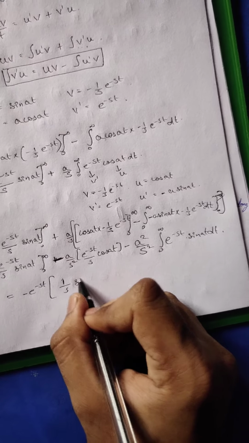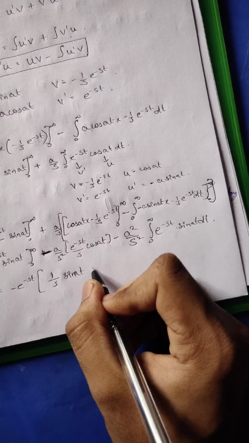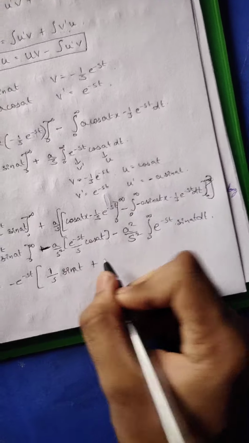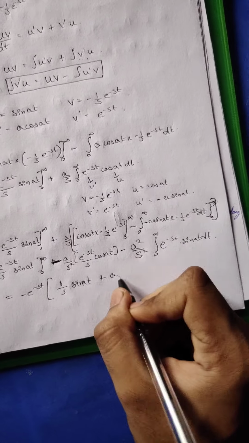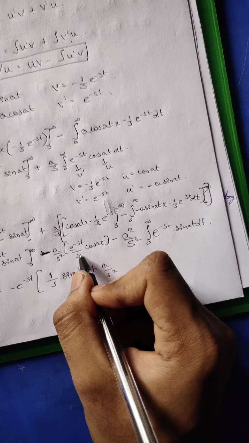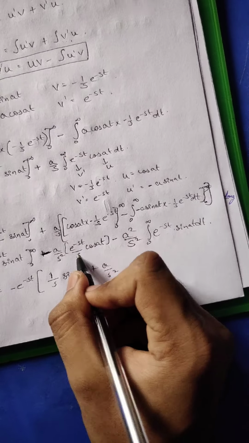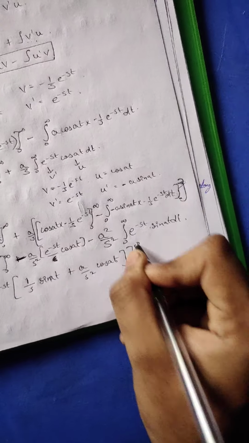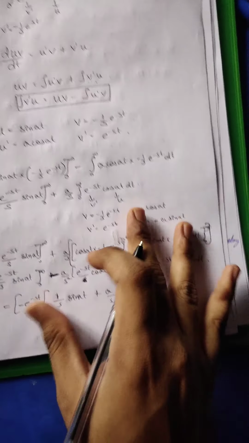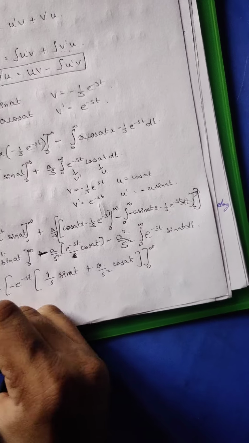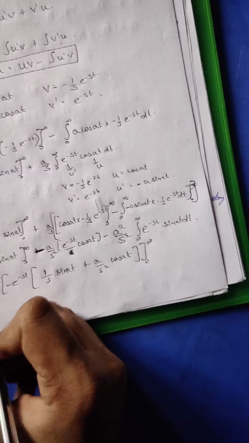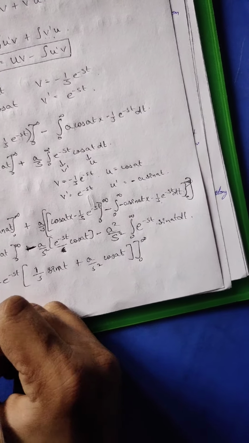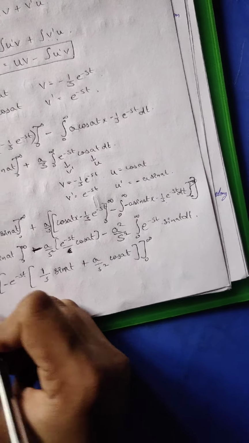So this will become plus a by s square cos at. Now this whole thing is from 0 to infinity. Now it becomes easier. So we have s square plus a square by s square, whole into y.